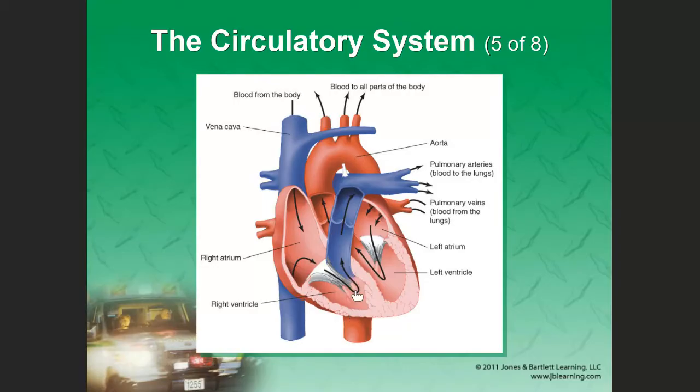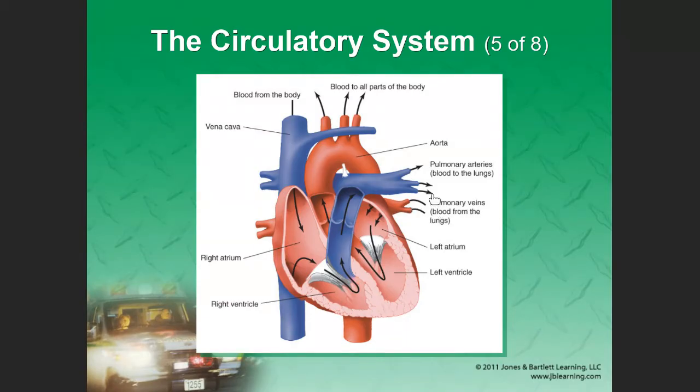Then the right ventricle contracts and pumps that blood up through another one-way valve into the pulmonary arteries, which go to the right and left lungs, right? When it ends up in the lungs, it becomes more oxygenated. So it picks up the oxygen that it needs and gives off the CO2.